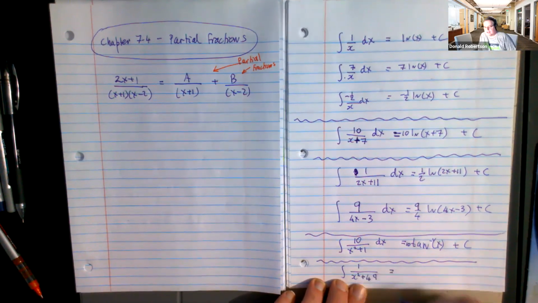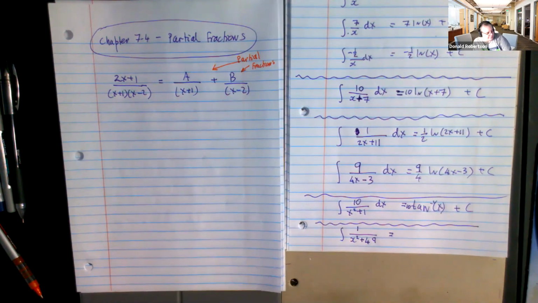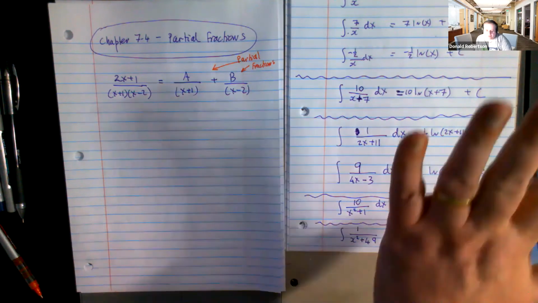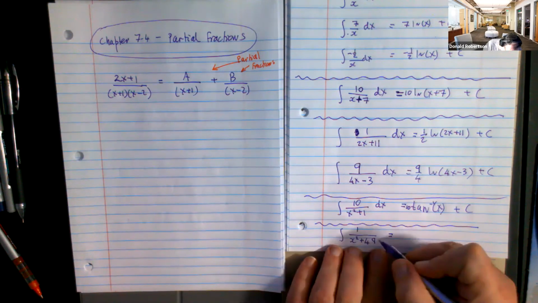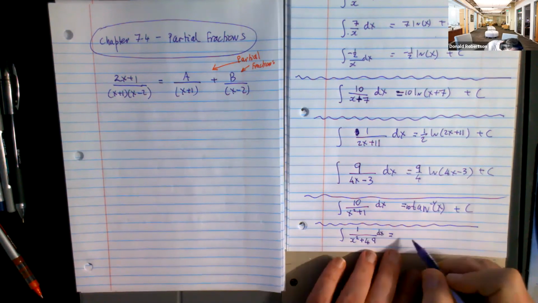The last thing in this list I'm going to be doing as far as integrals is this fella here. He is not x squared plus 1. He will be x squared plus 16, x squared plus 25, right? He will have a number that's not 1. This guy has an integral, and I am just going to tell you who he is.